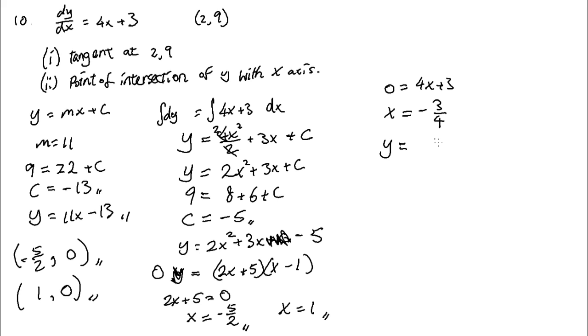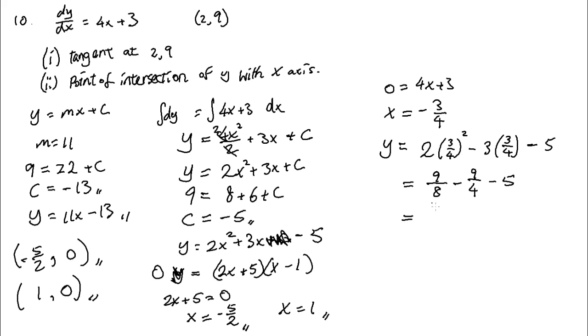So y is, let's see, 2 times 3/4 squared. Because it's a negative squared, it goes to positive, so I ignore the negative sign. Now subtract 3 lots of 3/4, and I swap the sign for the negative, and subtract 5 again. So that would be 9/8 subtracted by 9/4 subtracted by 5.